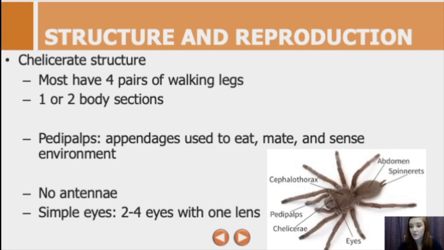So it has one section, a cephalothorax, and its second section is an abdomen. Spiders and chelicerates do not have antennas, and they have what's called simple eyes. They only have 2 to 4 eyes with 1 lens.